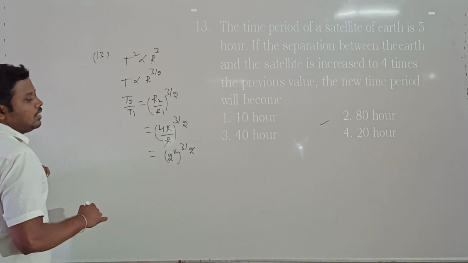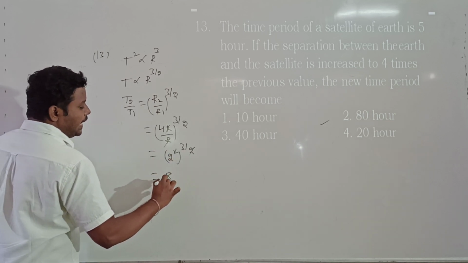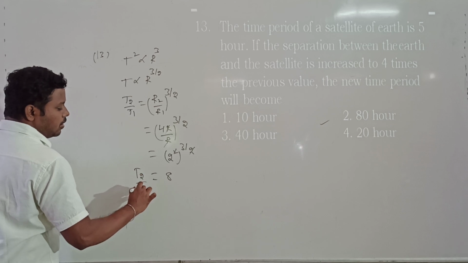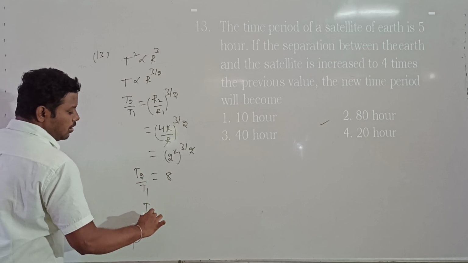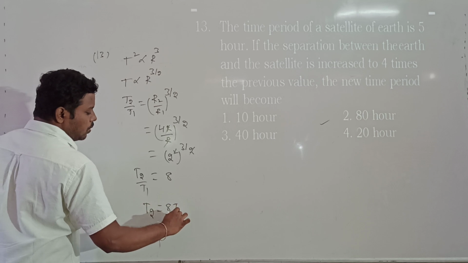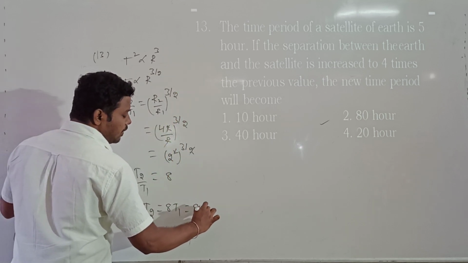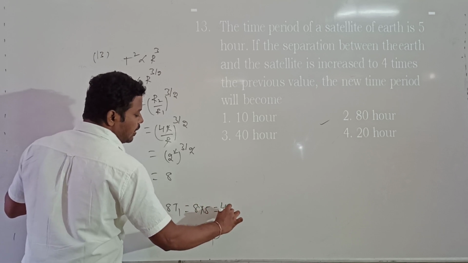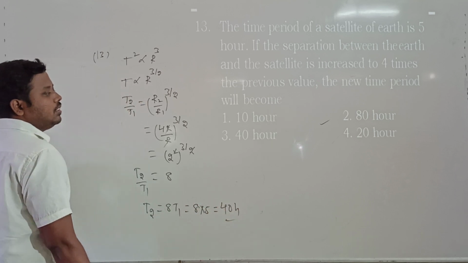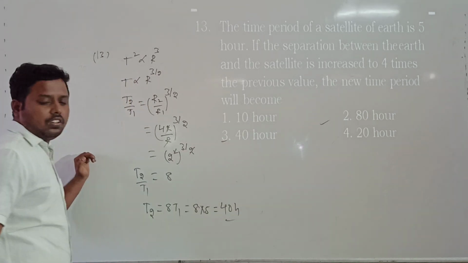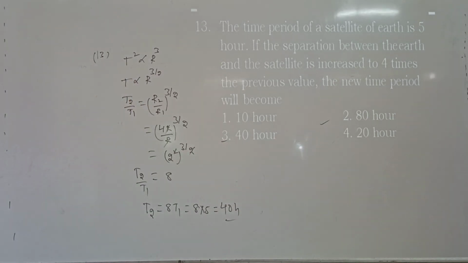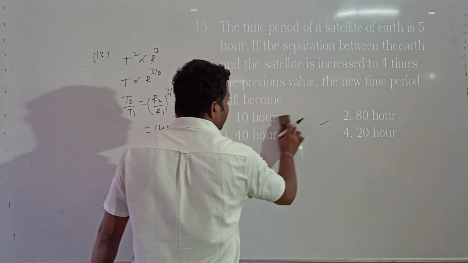So 2 cancels. Then what will I get? That is 8. T2 by T1 value is equal to 8. Then T2 is equal to 8 into T1. What is T1 initially? 5 hours. So 8 into 5, then how much will I get? 40 hours. So which option? That is the third option, 40 hours. Okay? So this is question number 13.